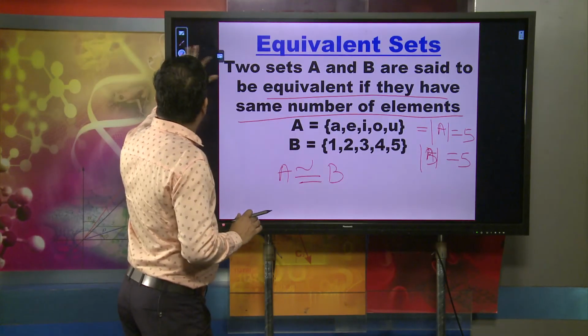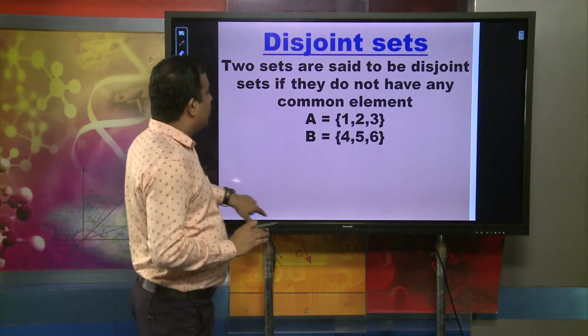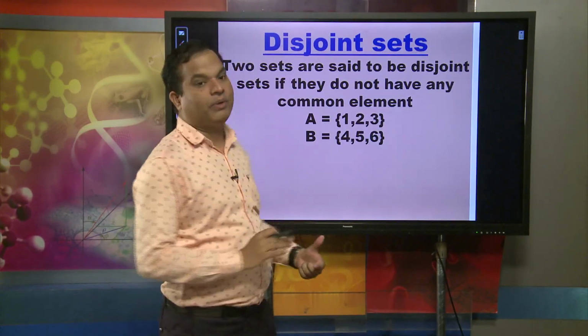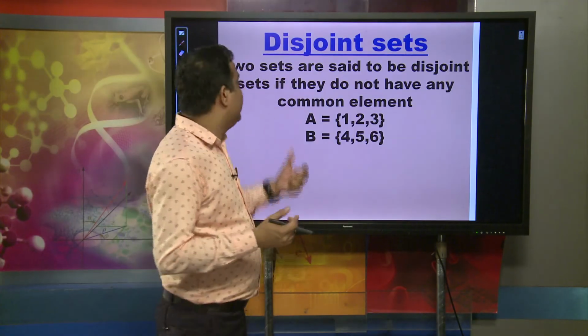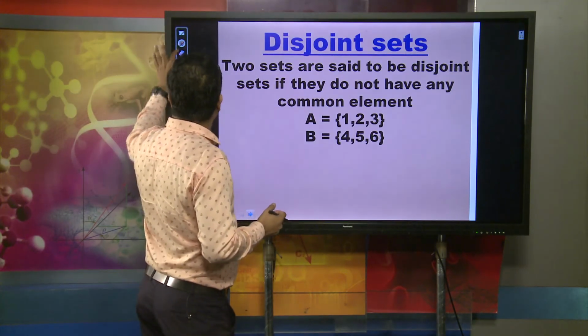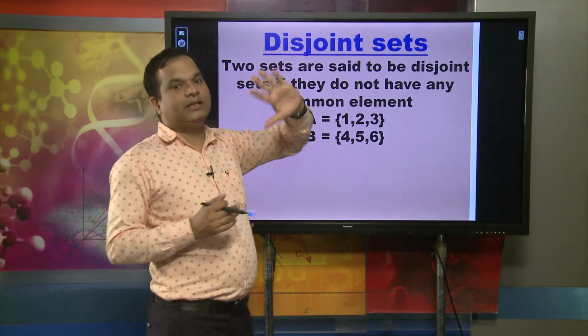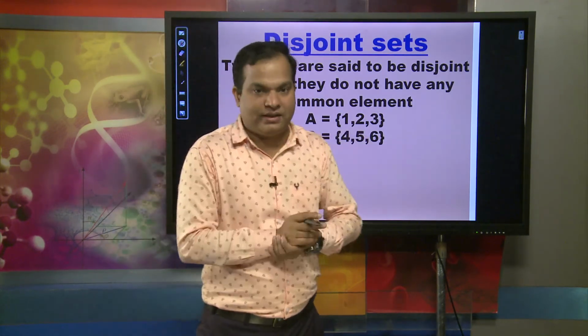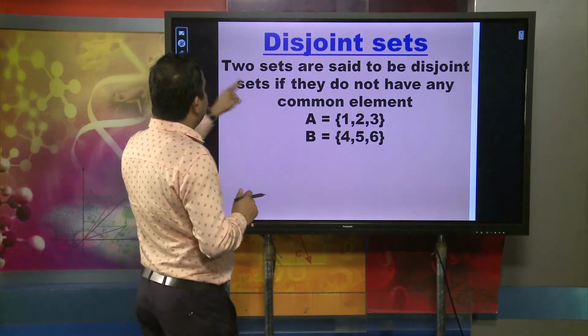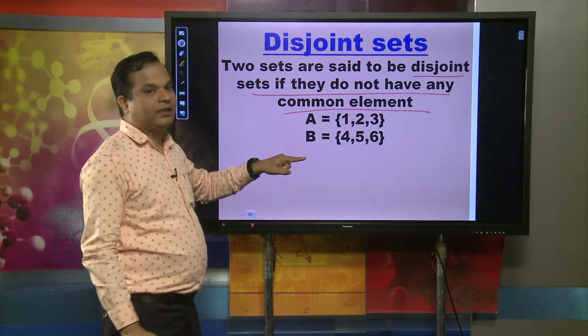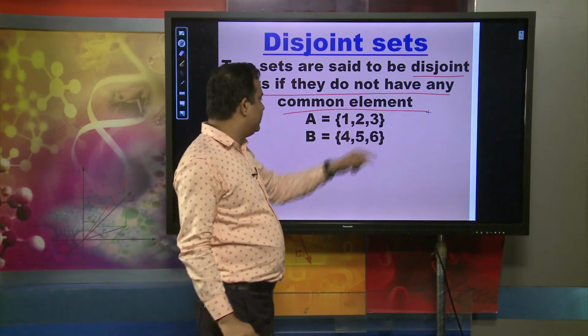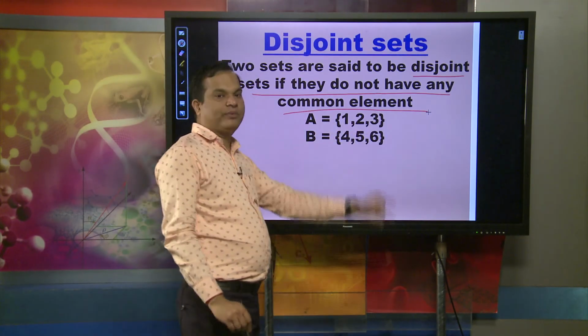Dear learners, another very important category is the disjoint set, the seventh category. A disjoint set is one where there is no common element between the two sets. Two sets are said to be disjoint if they do not have any common element. Observe sets A and B: set A has the elements 1, 2, 3 and set B has the elements 4, 5, 6.